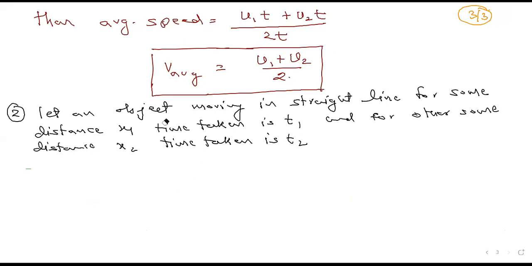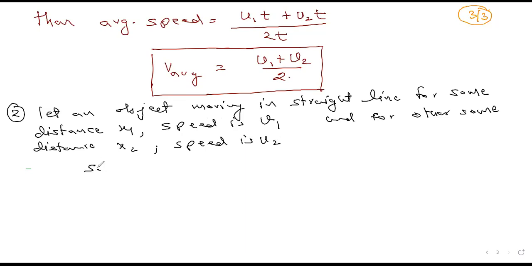Or let me change this a little. For some distance x1 velocity is v1, and for some other distance x2 speed is v2.